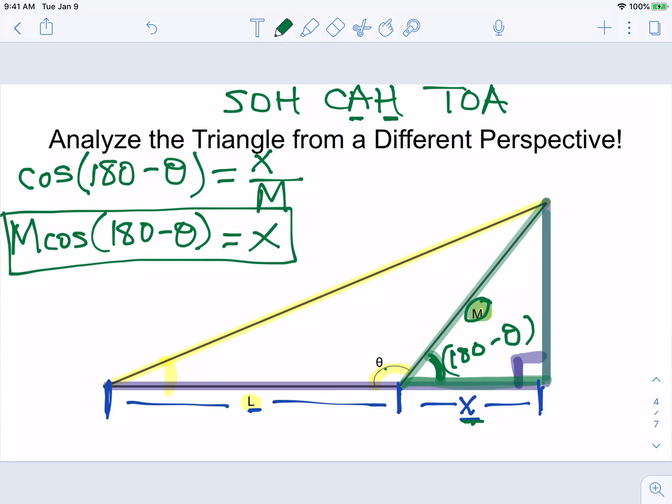As long as I have numbers for M and theta, I could do a calculation and get a number for x. And then I could figure out what this whole leg is down here, because it's going to be my variable L that would be given in the problem plus x. That's what that entire length is.